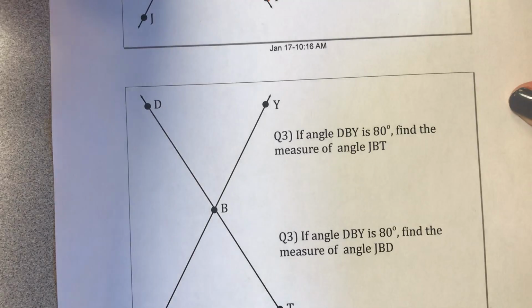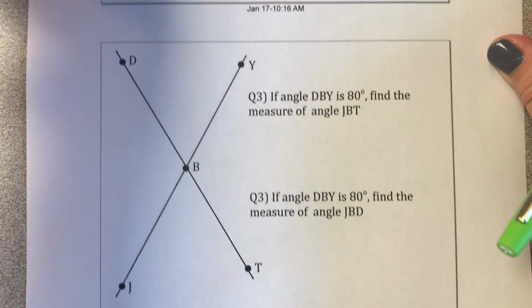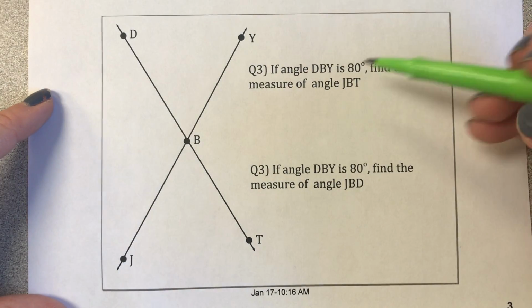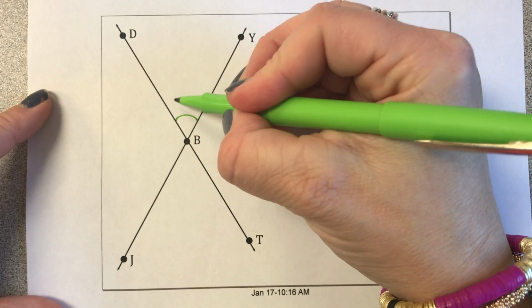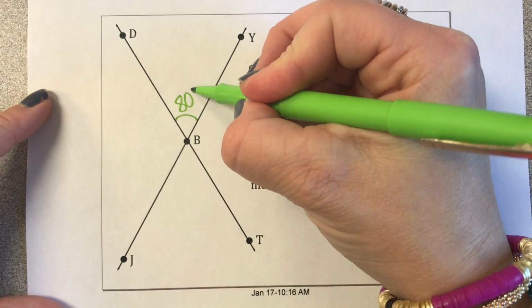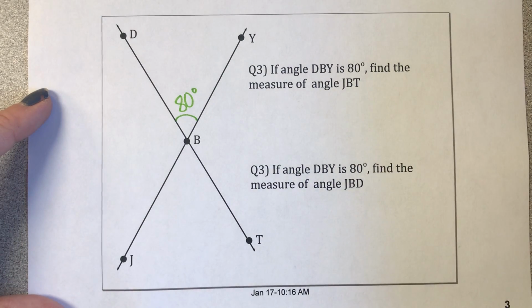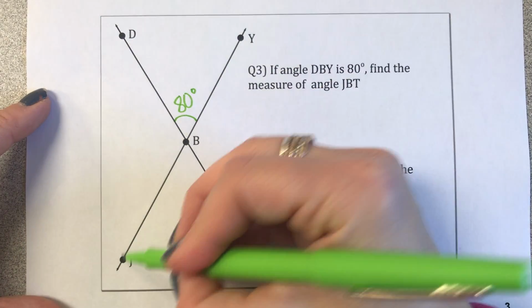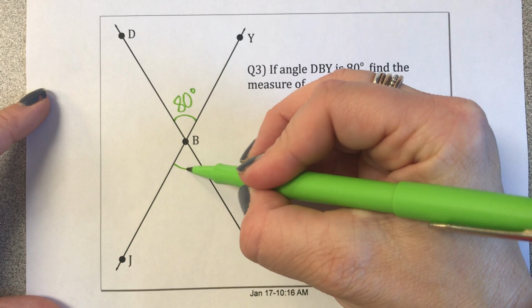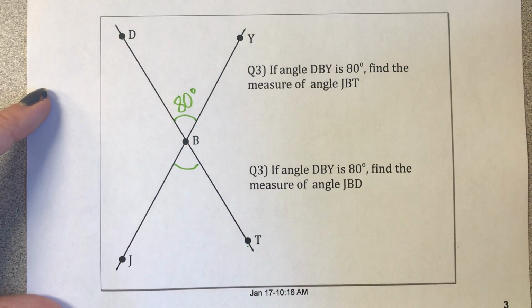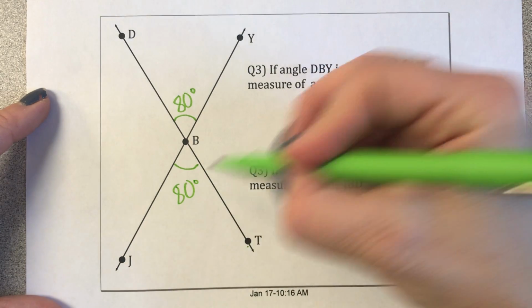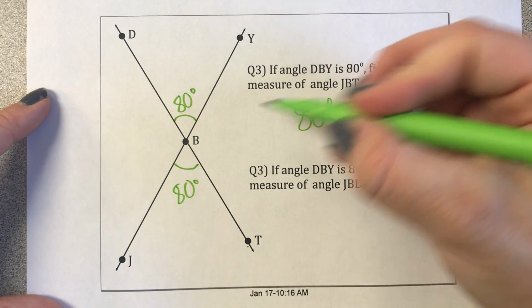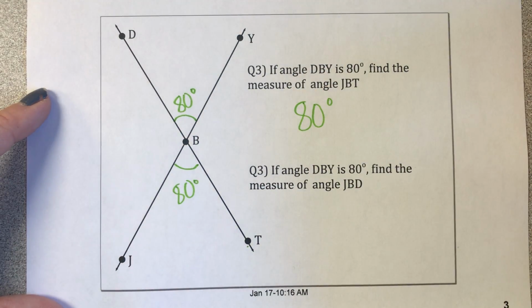So then down here, it says if angle DBY is 80 degrees, find the measure of JBT. JBT is this angle right here. So what would it have to be? 80 degrees, because if they're vertical angles, they're mirror images, they're directly across, and they're congruent.